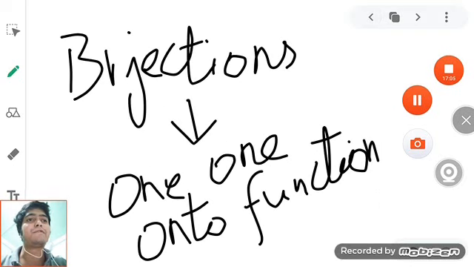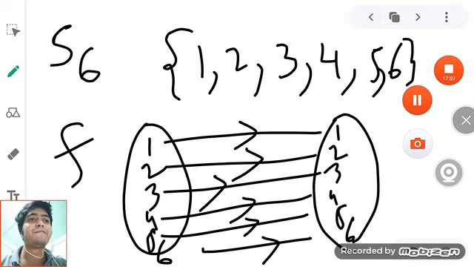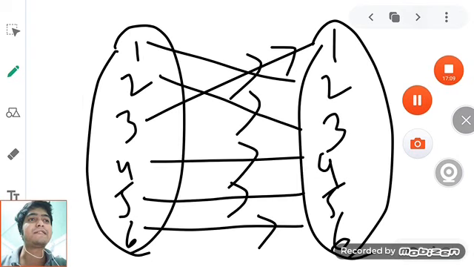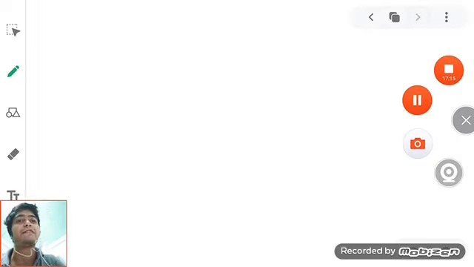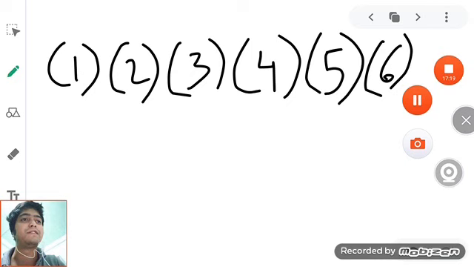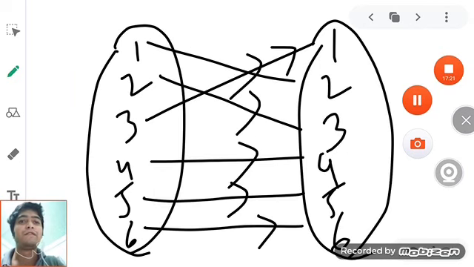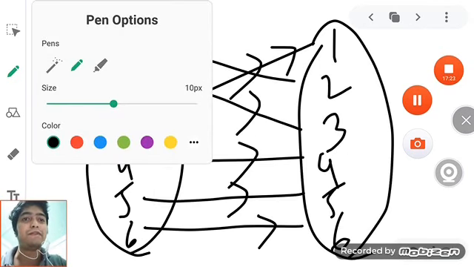And what about the second example? Let's see. 1 goes to 2, 2 goes to 3, 3 goes to 1. How will I write it down? Maybe I will do it on the same page itself, using a different colored pen.